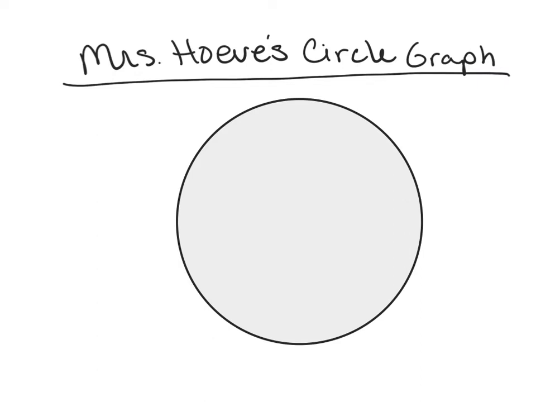Now I'm going to start up here at the top, and the first category I had was my 10 to 19-year-olds, which was about 36 degrees. So that's about 45, so I'll go a little bit less. This is this one, which is 10 to 19 years.